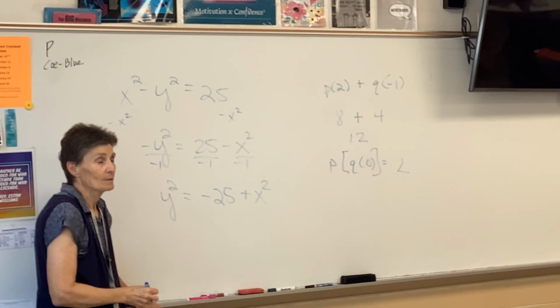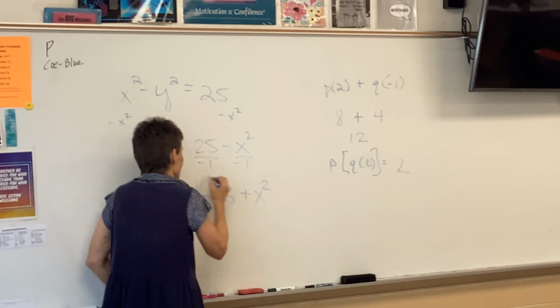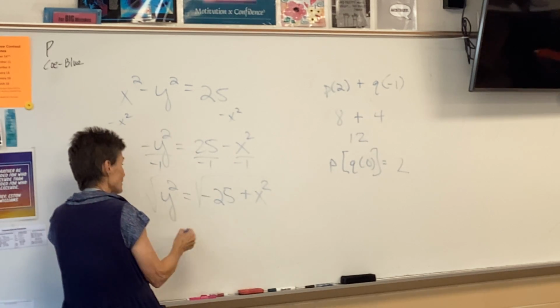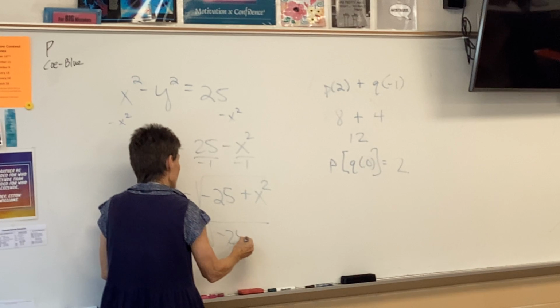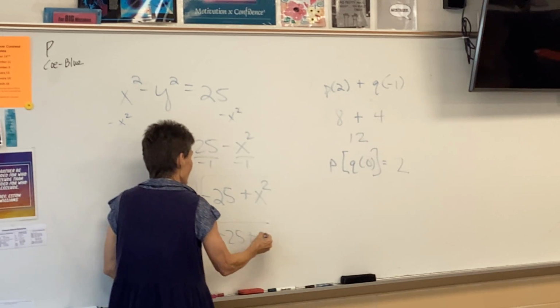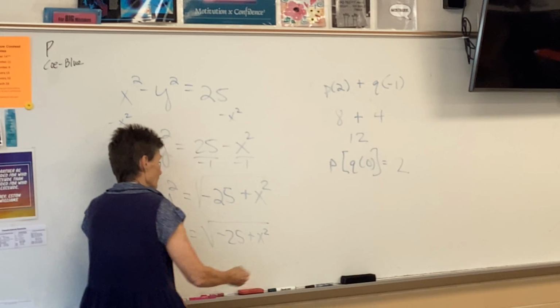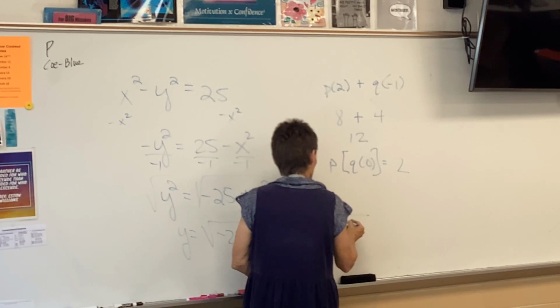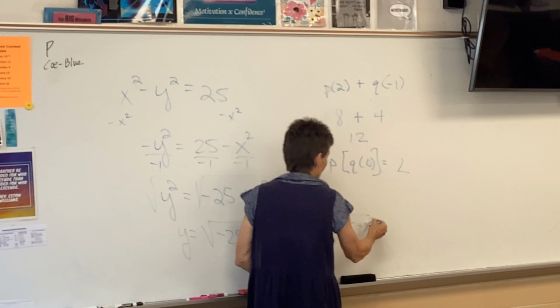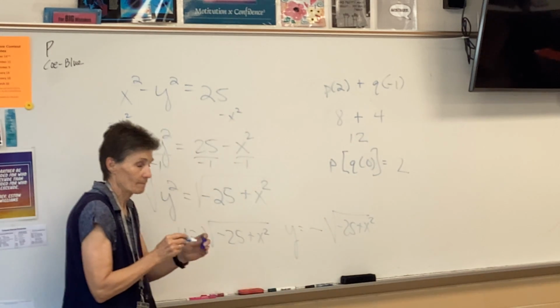Square root it. So your 2 answers are y equals plus or minus the square root of negative 25 plus x squared, and negative the square root of negative 25 plus x squared.